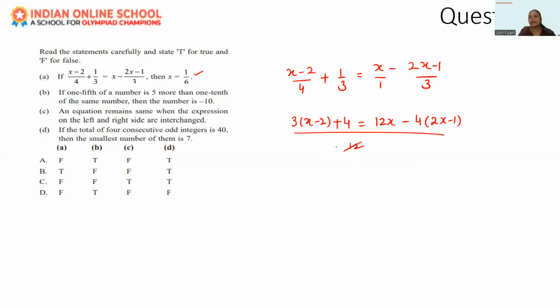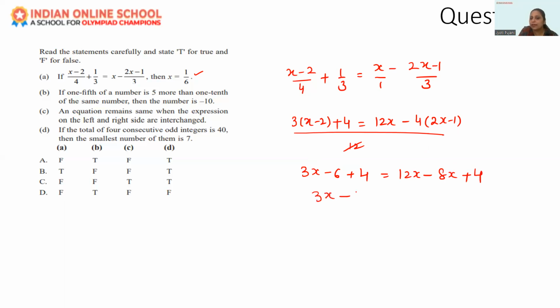Now my LCM will get cancelled. 3 into (x - 2) plus 4 is equal to 12x minus 4 into (2x - 3). Correct? So 3x minus 6 plus 4 is equal to 12x minus 4 into (2x - 3), that is 12x minus 8x, and because the minus is outside, the inside sign will change, so plus 12.